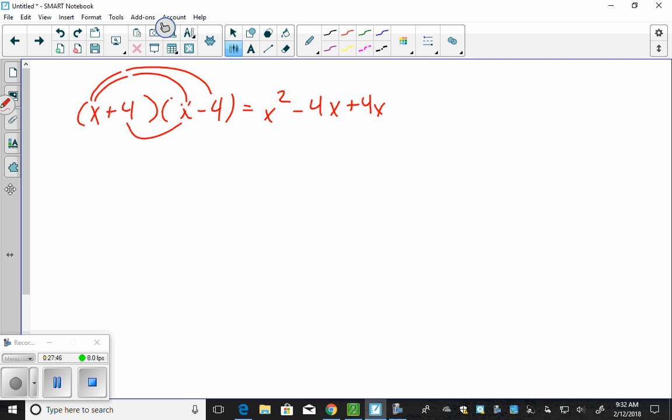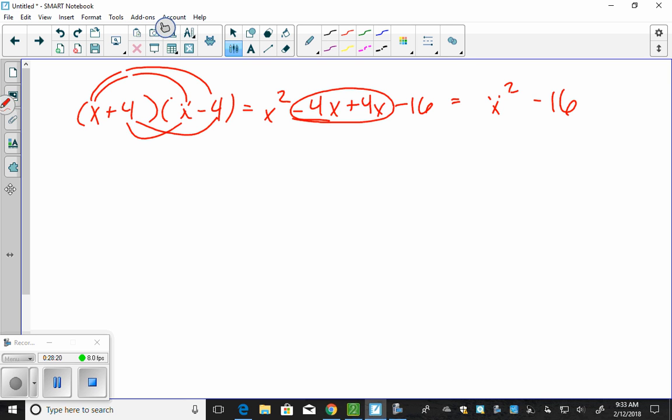And then 4 times negative 4 is negative 16. So that's the last. What's your next step? Combine like terms. My like terms being the ones in the middle. They cancel out because negative 4x plus 4x equals 0. So I'm left with x squared minus 16.